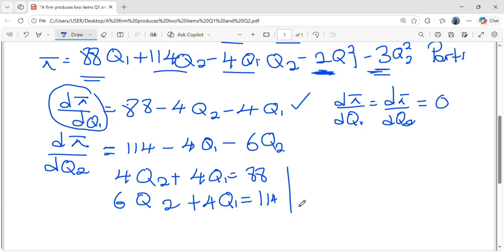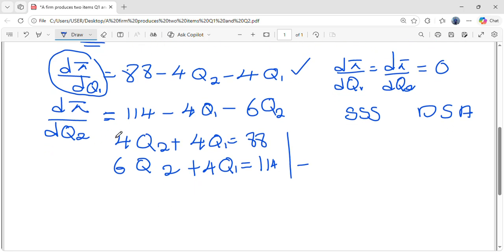So if they are of the same coefficient, we can go directly and subtract. Remember, we have what is called same signs subtract and different signs add. So we subtract 4q2 minus 6q2. We get negative 2q2, and this here will give us a 0, and 88 minus 114, we get the value to be negative 26.